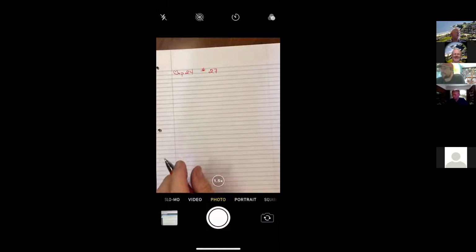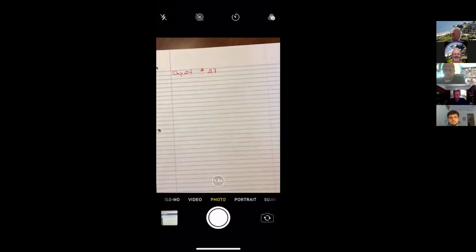It says, consider a long cylindrical charge distribution of radius capital R and of uniform charge density rho. Find the electric field a distance r where r is less than capital R. So they're talking about inside.